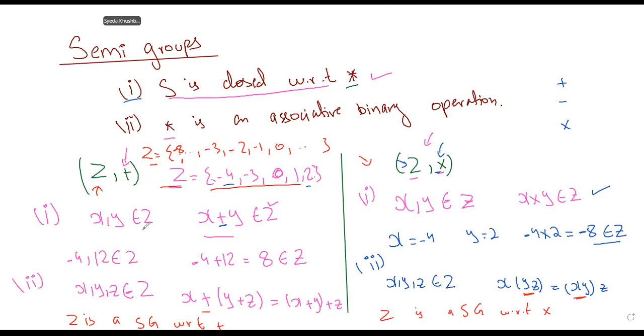Now let's talk about the second last set, that is the set of monoids. So we know that for a set to be a monoid, first, S is closed with respect to the binary operation.